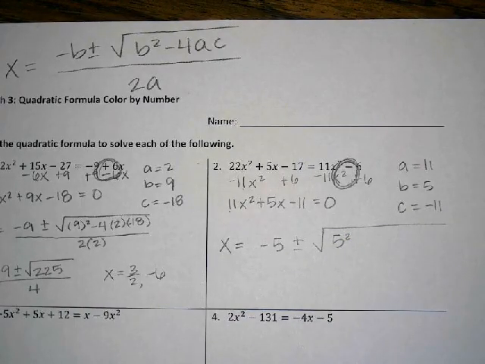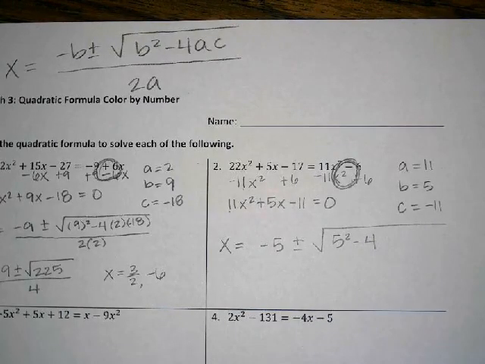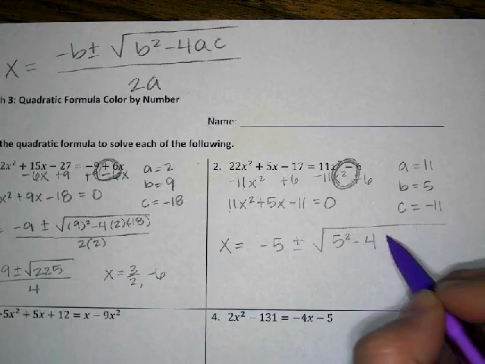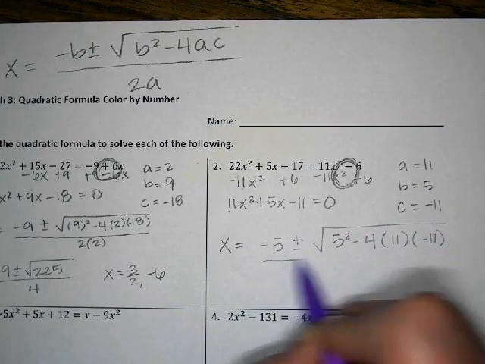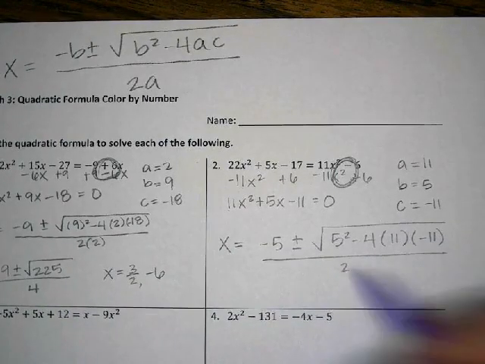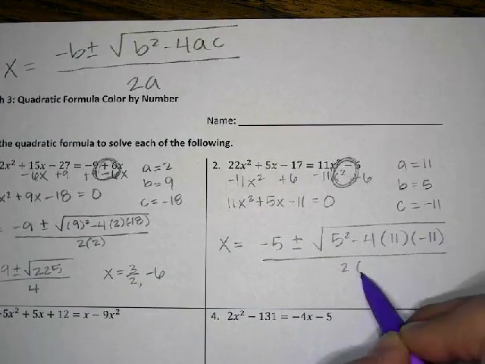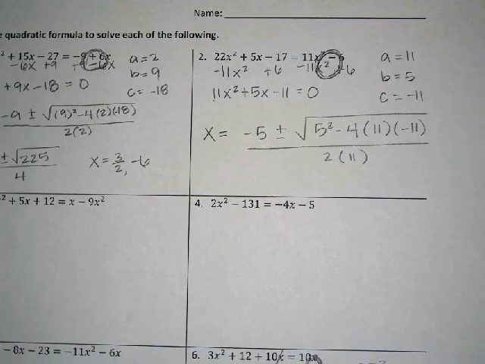Okay. All right, and what are we typing in first? The discriminant goes in first.